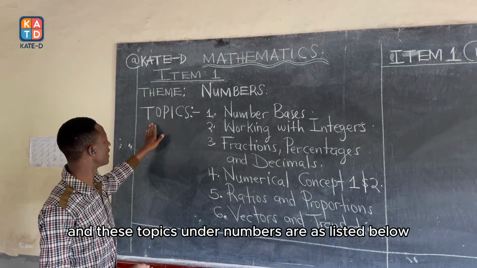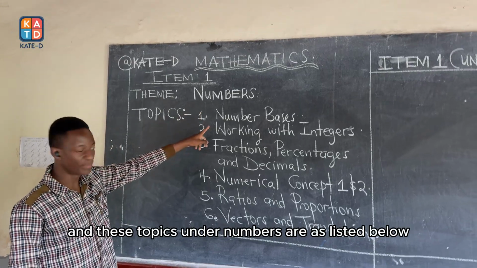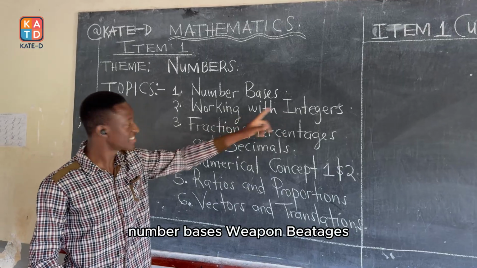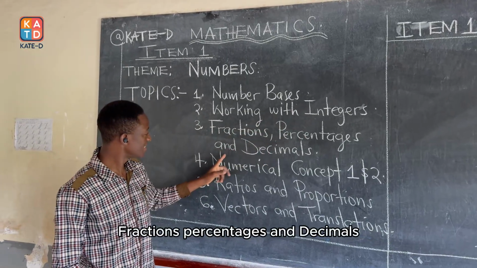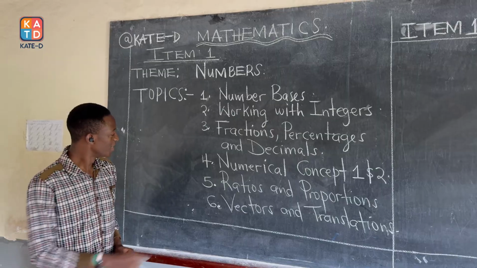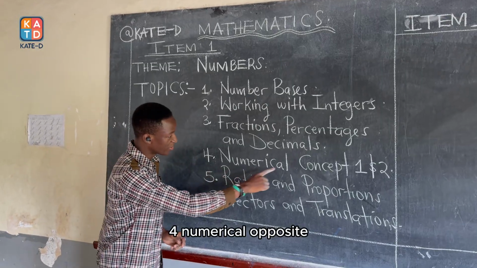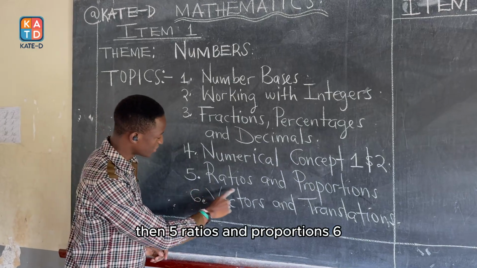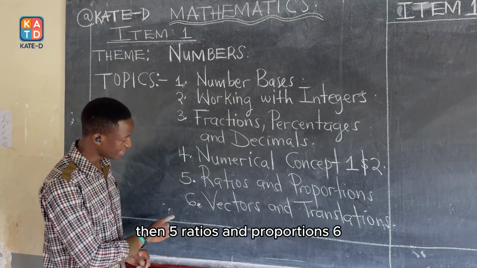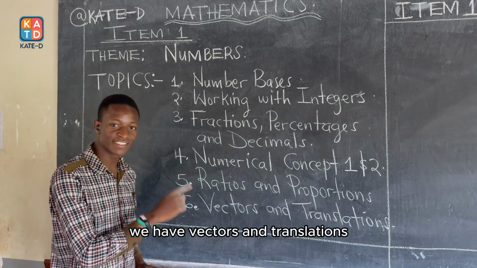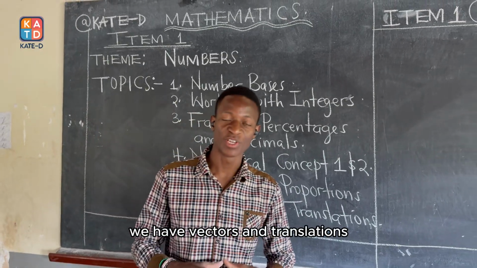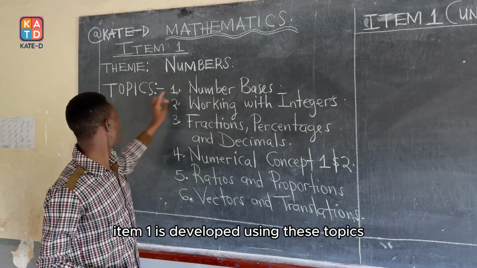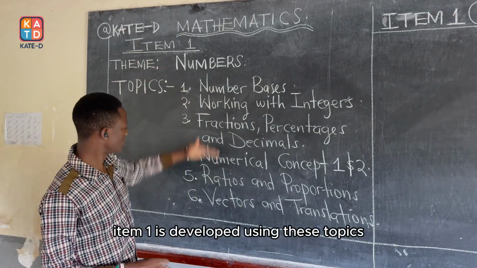And these topics under numbers are, as listed below: 1, number bases; 2, working with integers; 3, fractions, percentages, and decimals; 4, numerical concepts 1 and 2; 5, ratios and proportions; 6, vectors and translations. So here we go. Item 1 is developed using these topics.